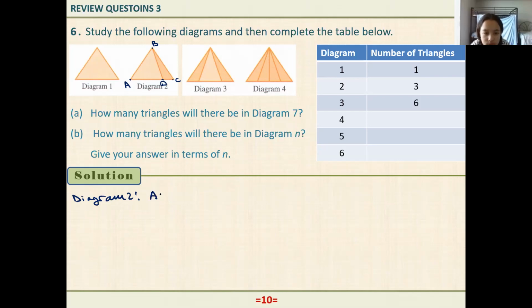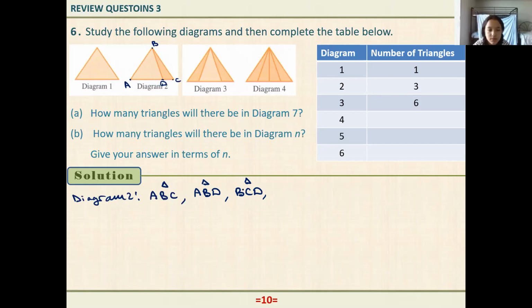Yes, that is our first triangle. The second one, A, B, D. That's also another triangle. How about B, C, D? You see this small triangle? Another triangle, right? Do we have any other triangles? No. That's why in diagram 2 we have 3 triangles.